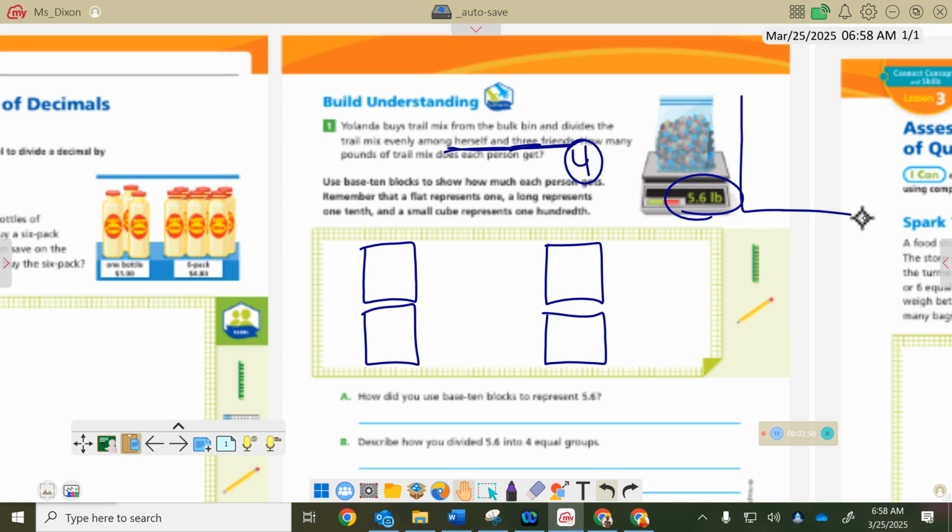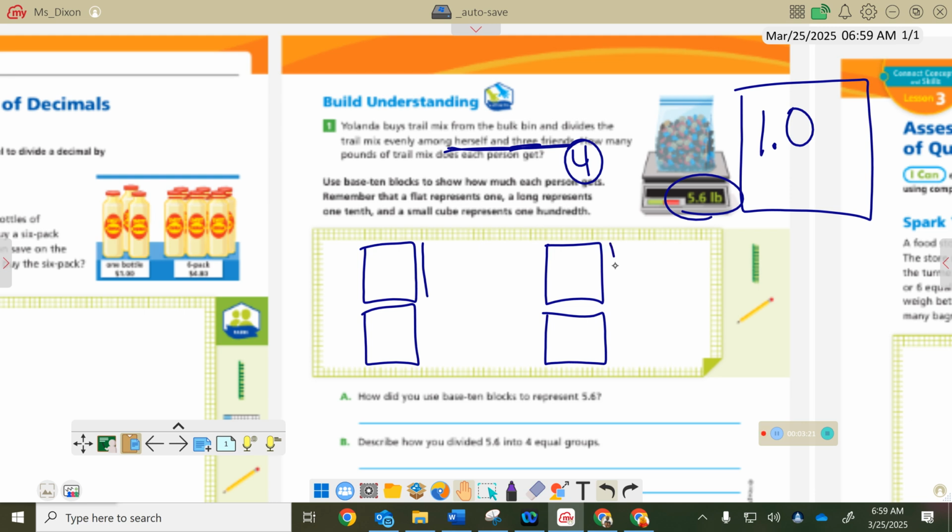As you remember, 1 whole is the same as having 10 tenths, or 10 rods. So we can take that and break the 10 rods among her friends evenly. So let's start with our friends, and we're going to distribute those 10 rods that we're getting from this 1 whole that is left over.